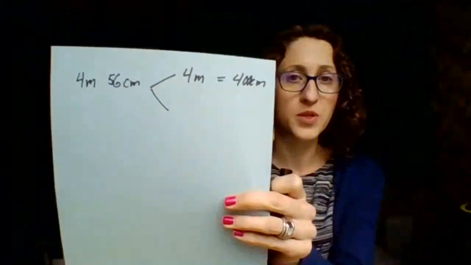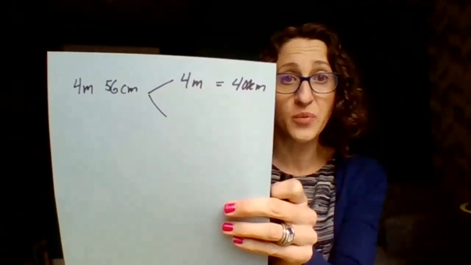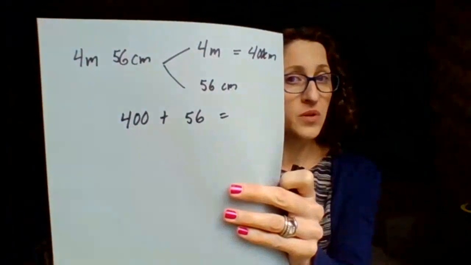Here's where we're at so far. Now we just have to deal with the 56 centimeters, and then we need to put those together. So 400 centimeters plus 56 centimeters. Hopefully you can do that in your head.